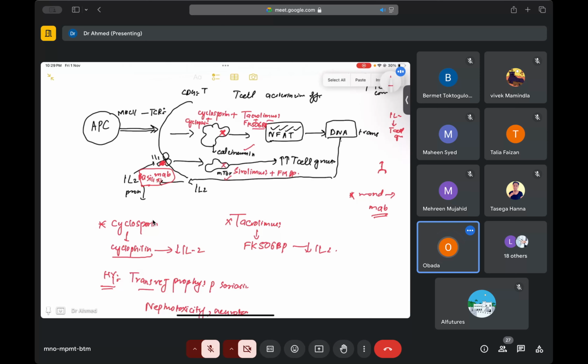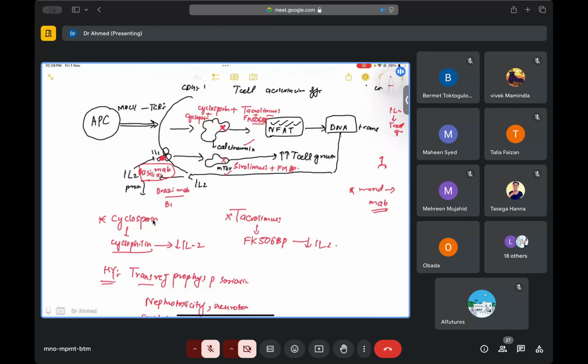Brazil map? Okay, how do we associate that with IL-2? It can be bimap. Yes, basiliximab or bimap. Okay, this is a good mnemonic.